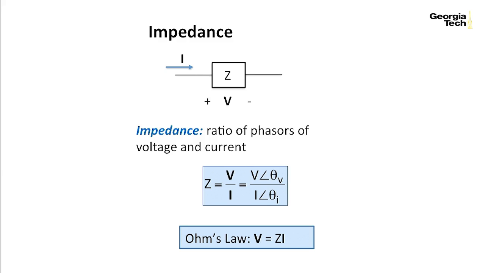So we're going to define impedance as a ratio of phasors of voltage and current. So it's V over I in terms of their phasors. So this is a polar form of the phasors right here. So then if I take I times Z to give me V, that looks very much like Ohm's law. V is equal to ZI, except that all these terms are complex, or they have imaginary components to it.